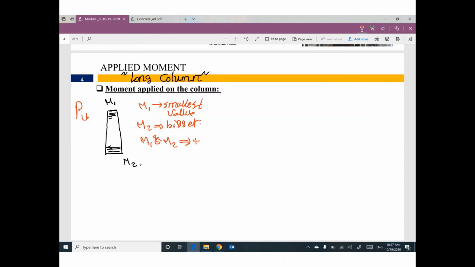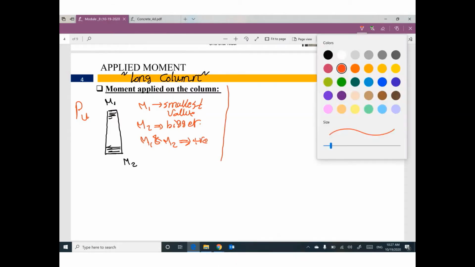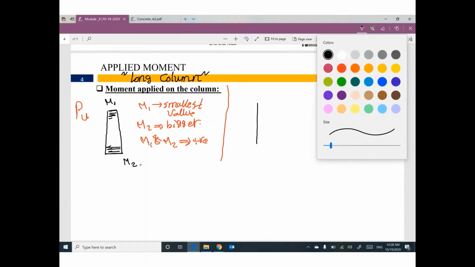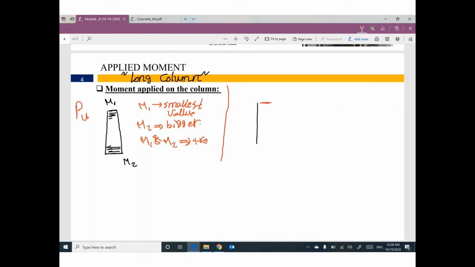Second case, probably for any reason, we have a moment here, and the moment at the other end will be on the other side. So your moment looks like this sometimes. By the way, the first one will be single curvature.